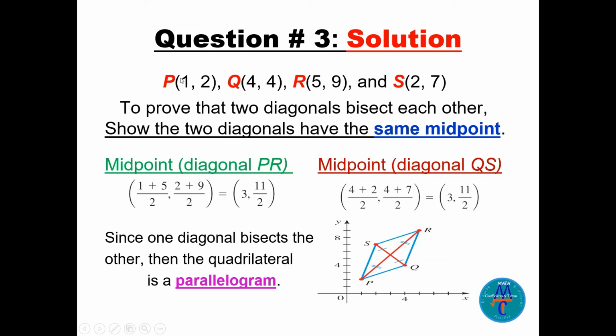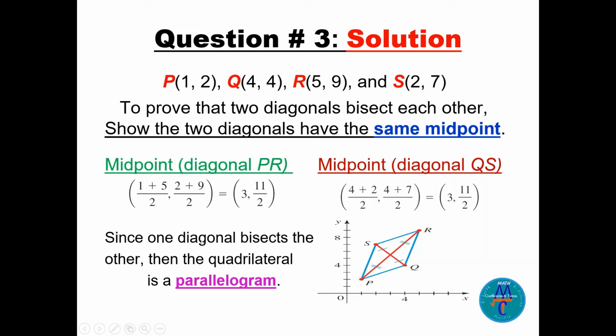So let's take P and R. We say (1 plus 5 over 2, 2 plus 9 over 2), which will be 3, and then 11 over 2. Let's take the other midpoint on the diagonal QS. So we say 4 plus 2 over 2, which is 3, 4 plus 7 over 2, which is 11 over 2. We see this is the same point.